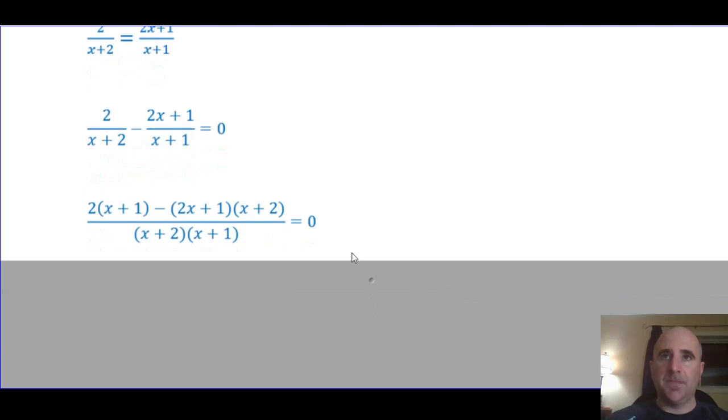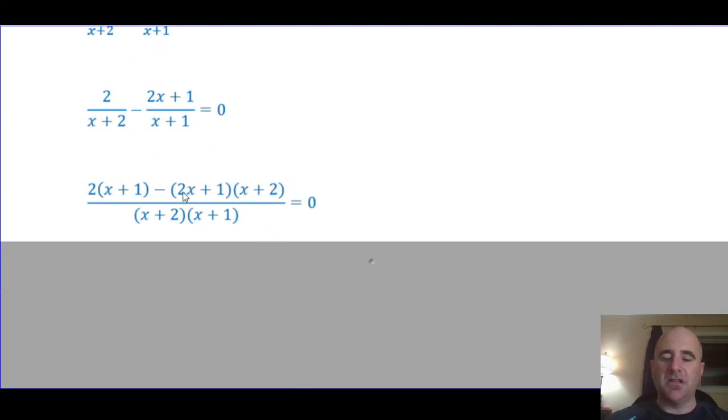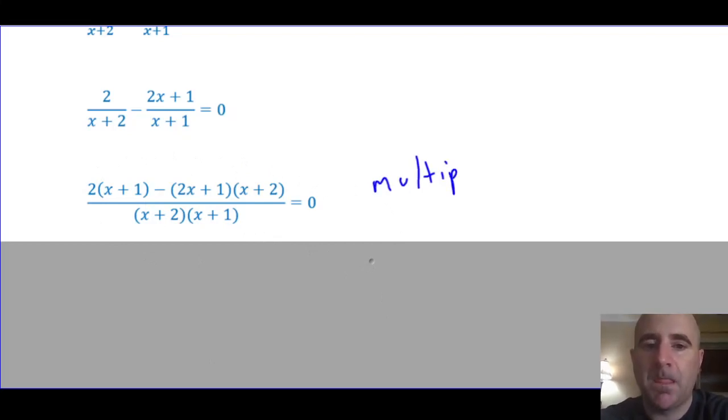Now the next step, you have a couple choices here. You could simplify the numerator, but what I'm going to do instead first is I'm going to realize that this is helpful because what I can do now is I can multiply both sides by the denominator.